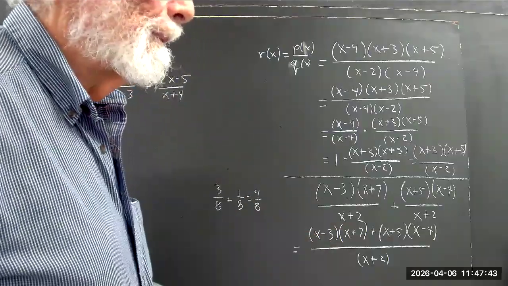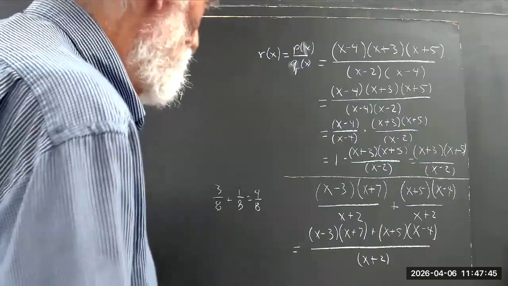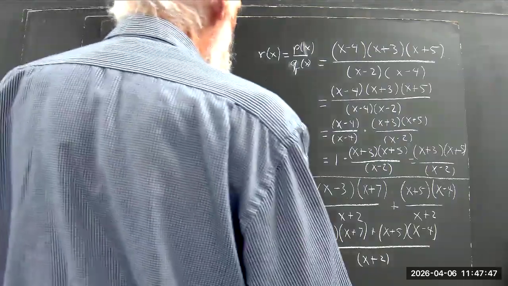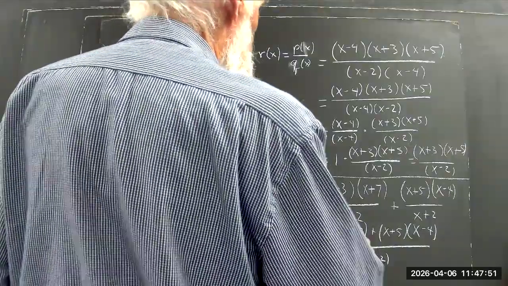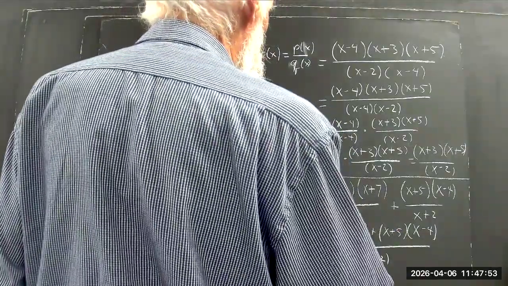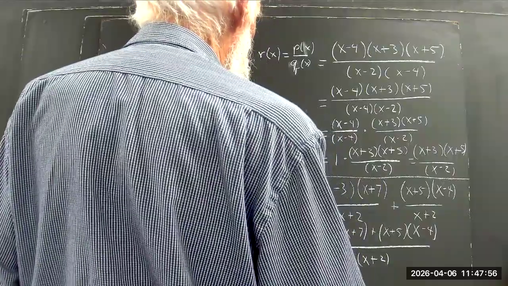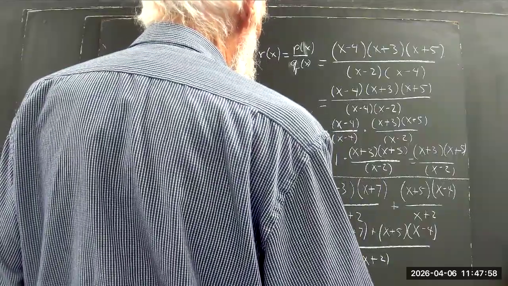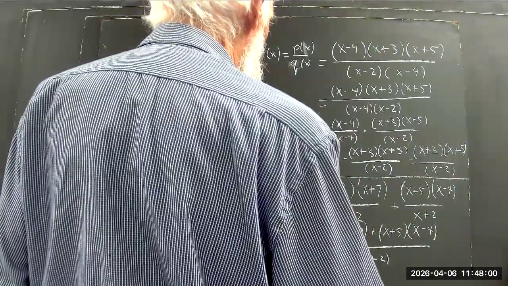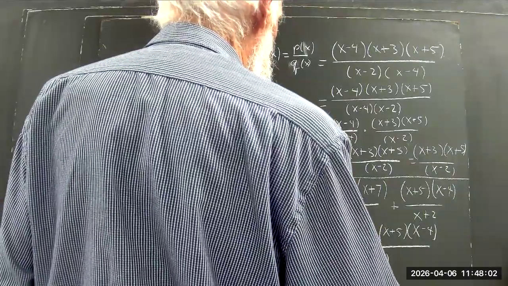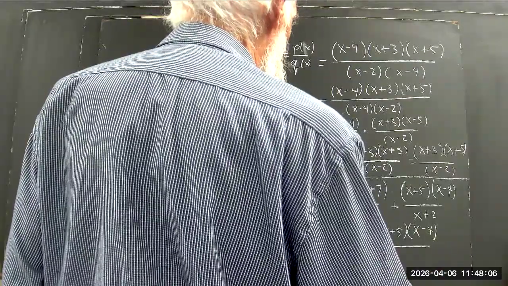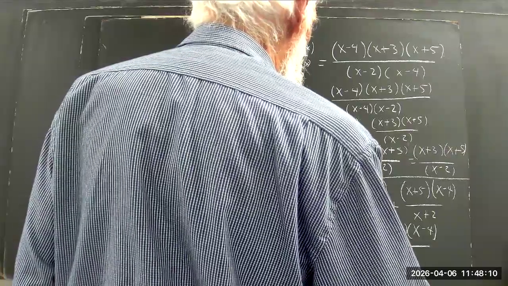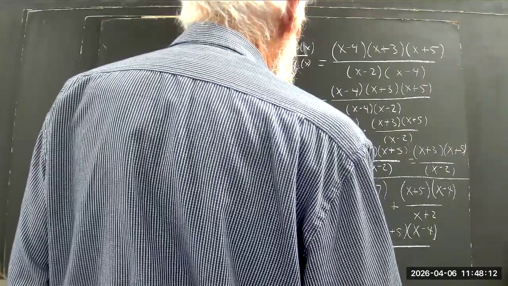This probably doesn't, but just to make sure, I'm going to go ahead and multiply everything out. X minus 3 multiplied by x plus 7, and you need to do this in detail. It's x squared minus 4x minus 21. And x plus 5 times x minus 4 is x squared plus x minus 20.